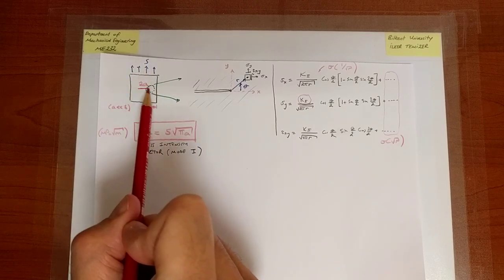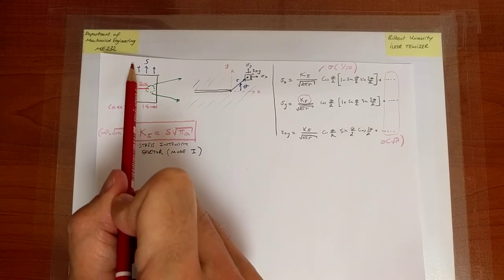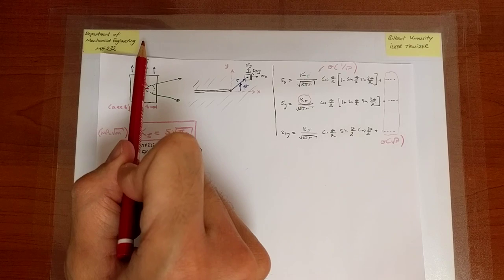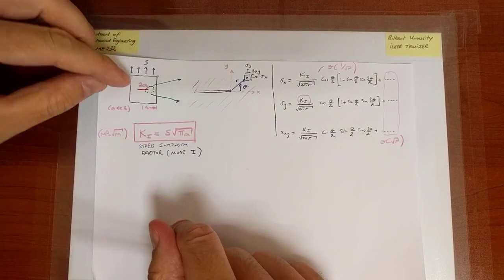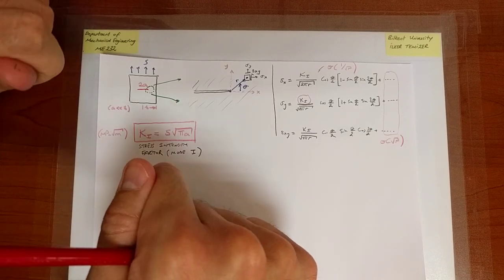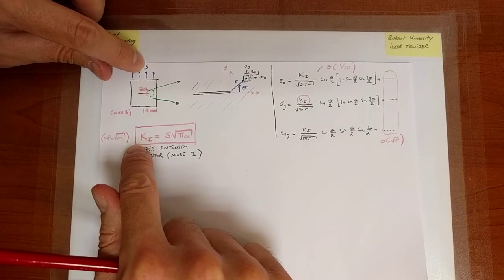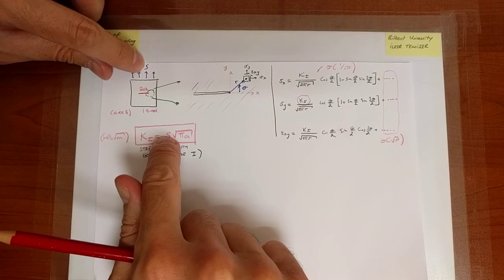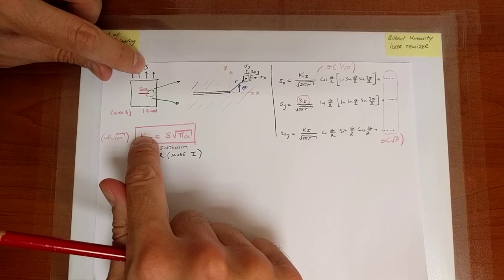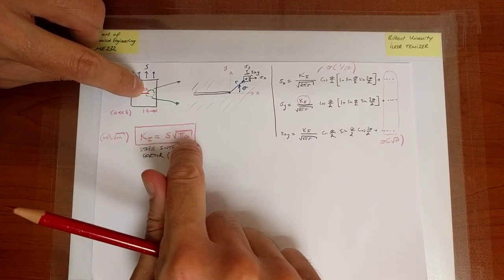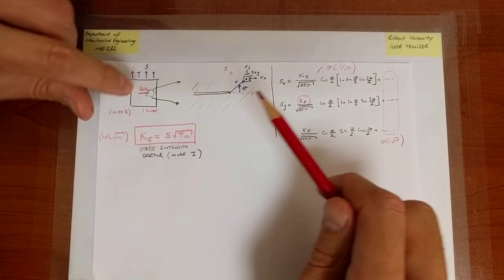It has a crack of width 2a, or half width a, and I apply a far field normal stress to it, which is S. So I'm not bending it, I am not torquing it, I'm pulling on it. And that's the average stress, the far field stress is S. It appears in here. If I change the value of S, it will be reflected in the value of K1. There is a crack half width a. If I change the value of the crack width, it will reflect in K1.